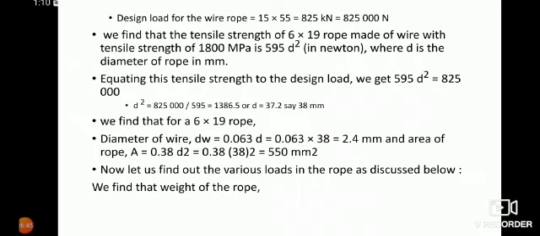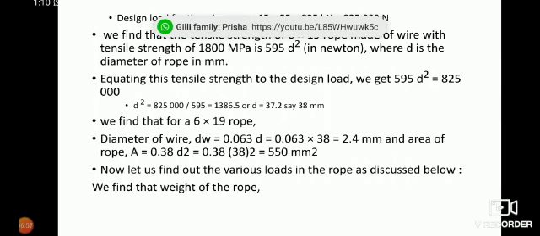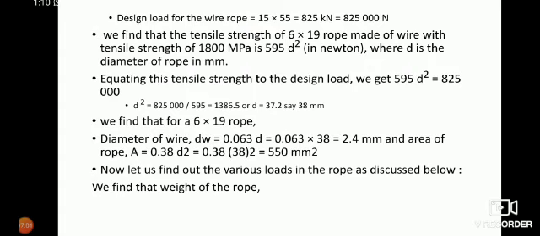We find that the tensile strength of a 6 into 19 type rope made of wire with tensile strength 1800 megapascal is 595 D square, where D is the diameter of the rope in mm. Equating this tensile strength to the design load, we get 595 D square equal to 825,000. From this, D is 38 mm.